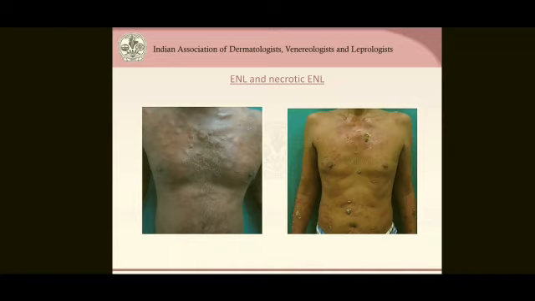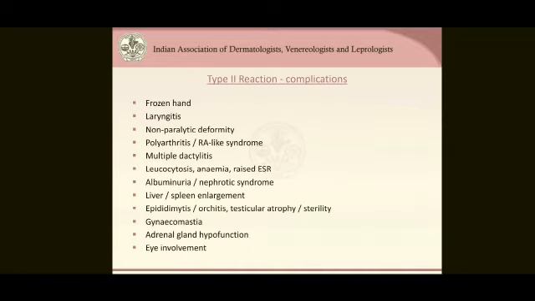erythema necroticans. Type 2 reaction complications include frozen hand, laryngitis, non-paralytic deformity, polyarthritis or rheumatoid arthritis like syndrome, multiple dactylitis, leukocytosis, anemia, raised ESR, albuminuria, nephrotic syndrome like picture, liver and spleen enlargement, epididymitis, orchitis, testicular atrophy leading to sterility.